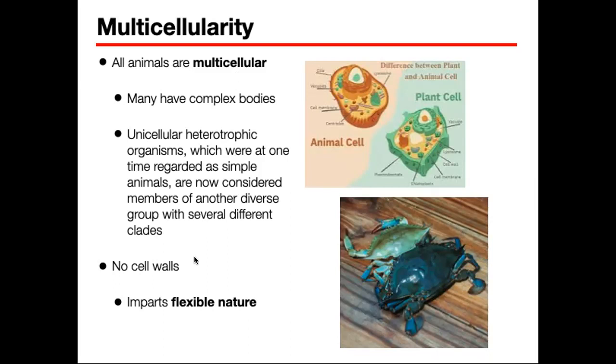And the absence of cell walls in animals makes them flexible in nature. Okay, they lack this rigid cell wall, and this imparts flexibility to their cells, no, shown here. And the many cells of animal bodies are held together by these extracellular frames of structural proteins such as collagen.